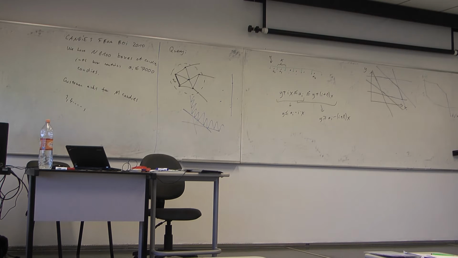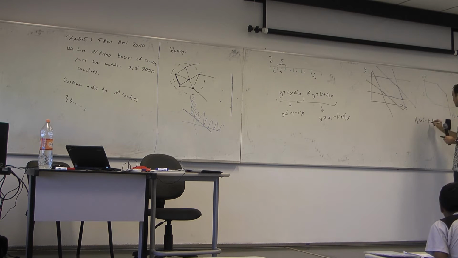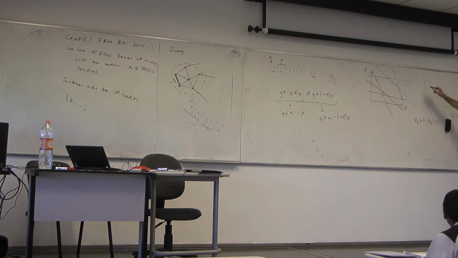So in order to do that, we consider the difference of those functions, f2 of x minus f1 of x. So f1 is convex, f2 is concave, but we take minus f1, so this is a concave function minus a convex function.